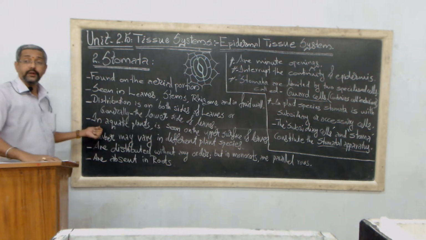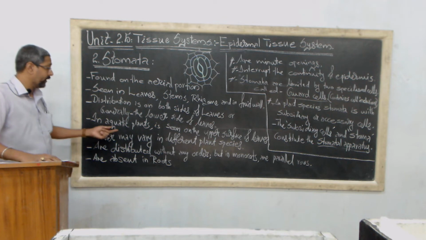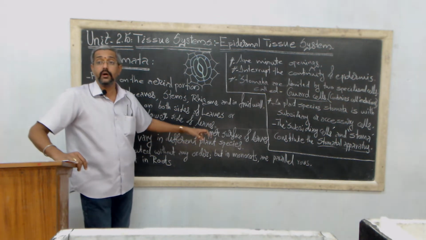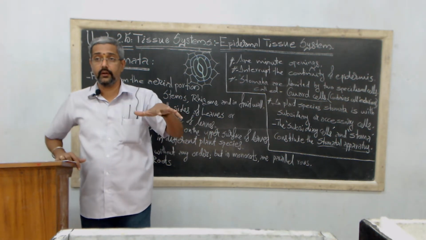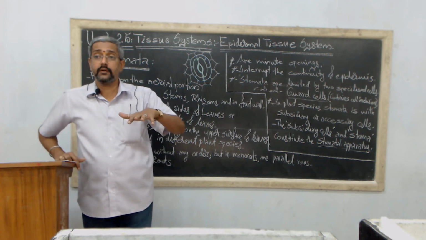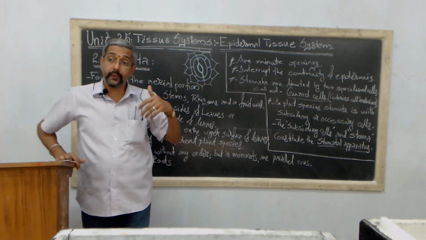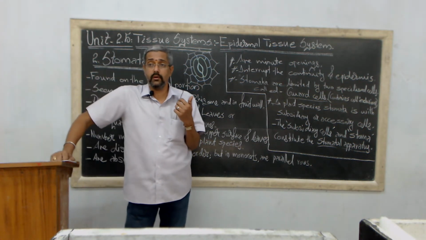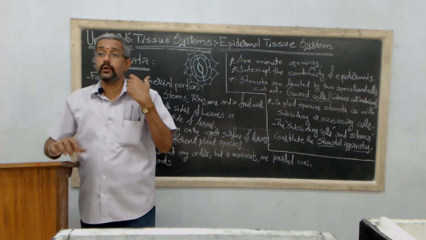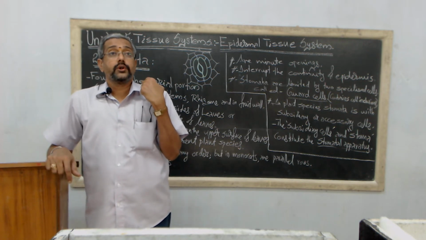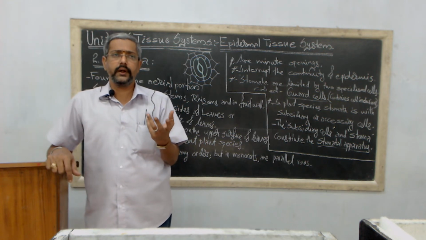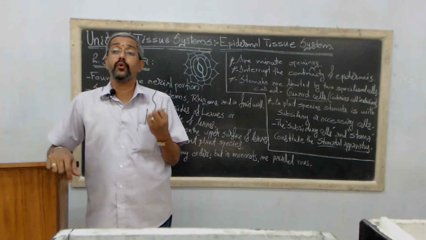Coming to aquatic plants, we can see the stomata on the upper surface of the leaf because the leaves are floating on the water. The function of stomata is to give out the excess water content inside the plant body as water vapor through these minute openings.